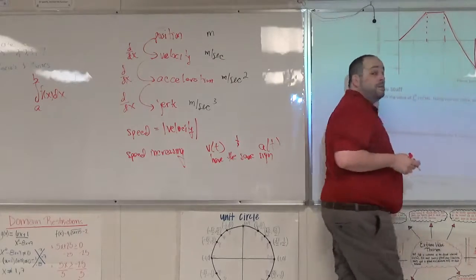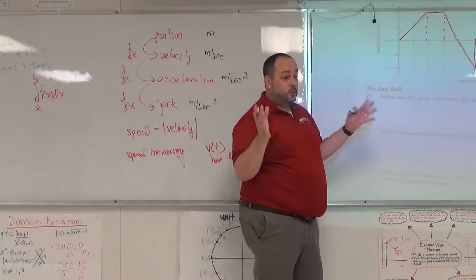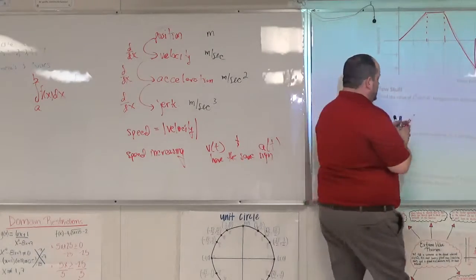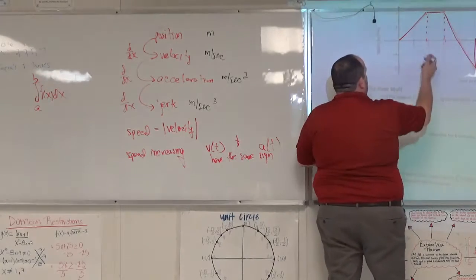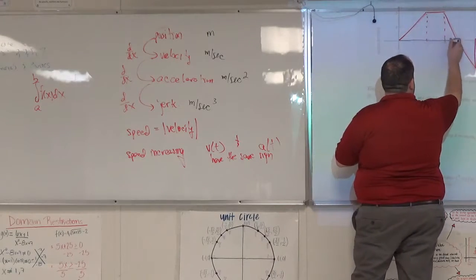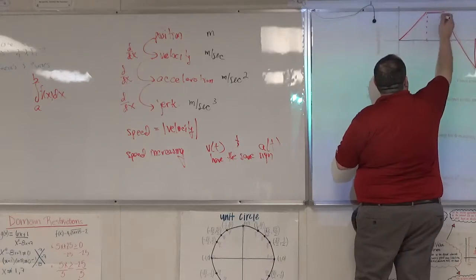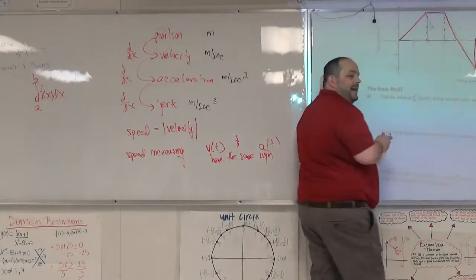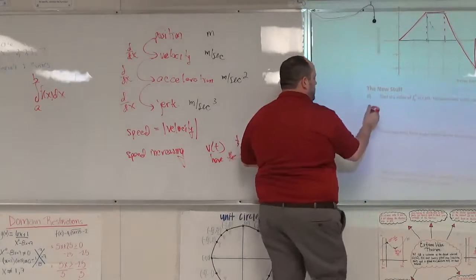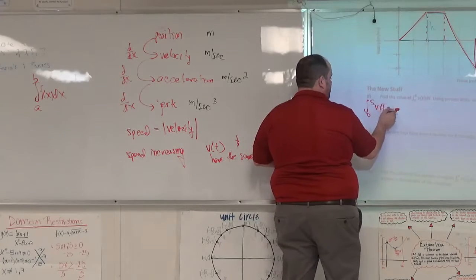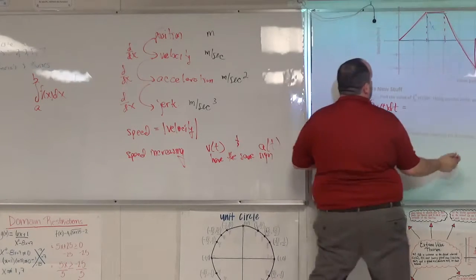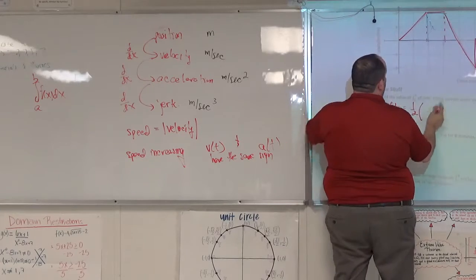But if I really want to be efficient, to get there as quickly as I can, I think trapezoid would be better. So if I have a trapezoid, there's a base there, there's a base there, there's my height. So your integral from 0 to 5 of v of t dt is going to be 1/2.